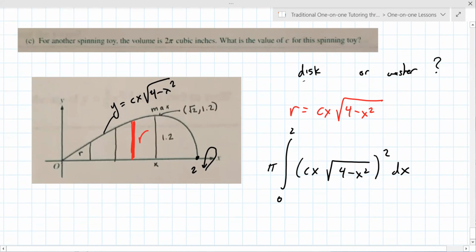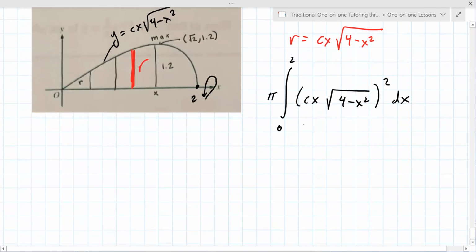Yeah. So from here, you do have to square stuff. So it's C squared X squared. The square root is undone by the square here, so you get 4 minus X squared. Because you're integrating this, I would bring the C squared out because it's a constant: pi C squared integral 0 to 2.